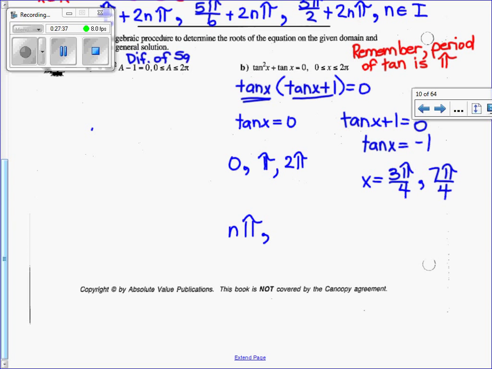If I add some number of pi to pi, so pi plus some number of pi, and then I take the 3 pi over 4, and I'm adding some number of pi, and I take the 7 pi over 4, and I'm adding some number of pi.